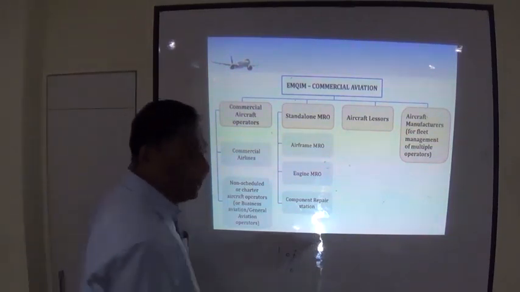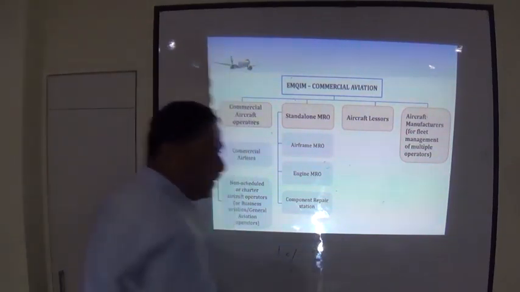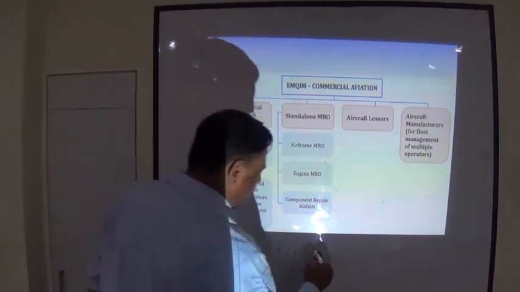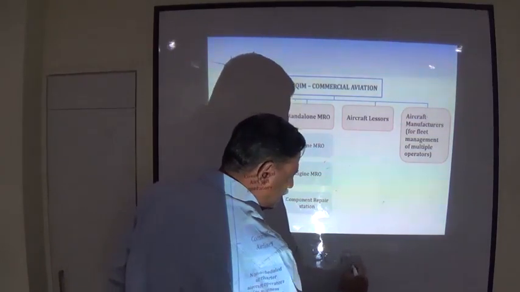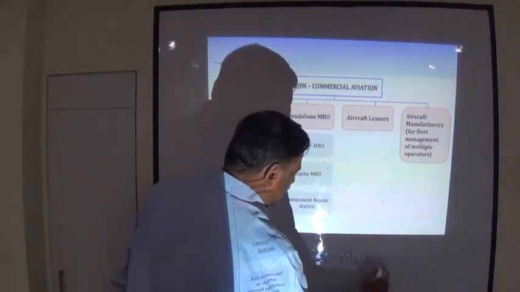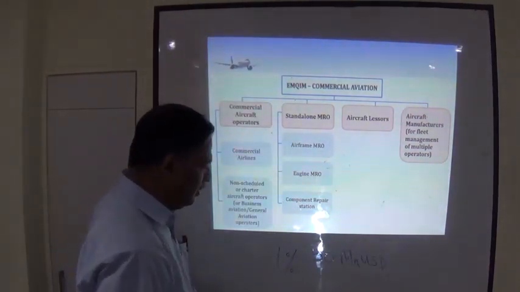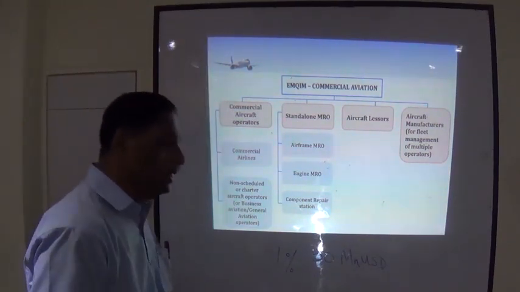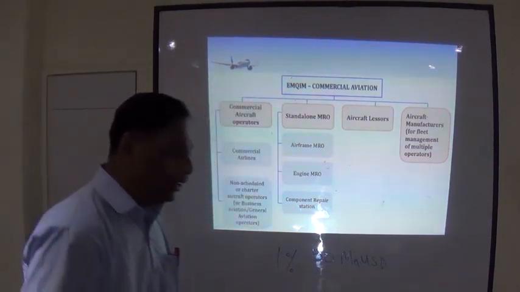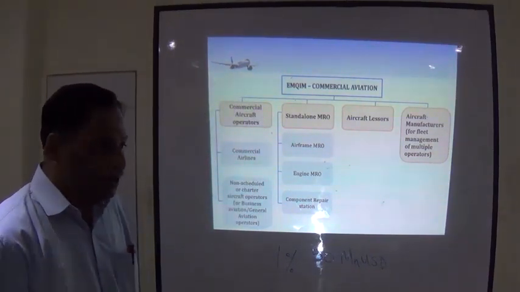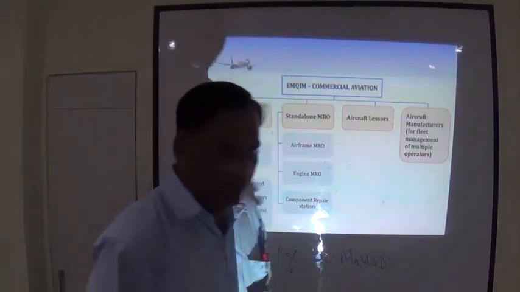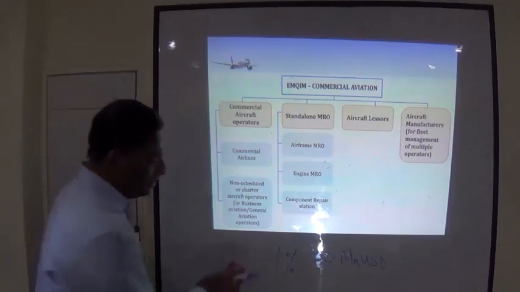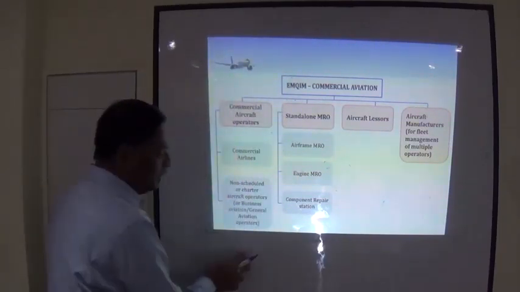An Airbus A320 generally costs around $50 million. 1% of 50 million USD is 0.5 million, which is $500,000 I get every month as lease rentals. $500,000 is around 3 crore. So if you lease it out for 100 months, you can buy another aircraft. But you need to have $50 million to buy.